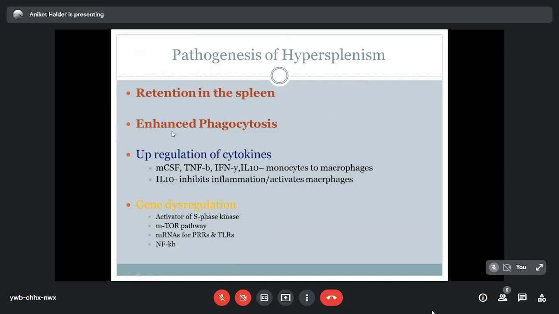This enhanced phagocytosis is due to the immune hypertrophy and is seen in different chronic infections.